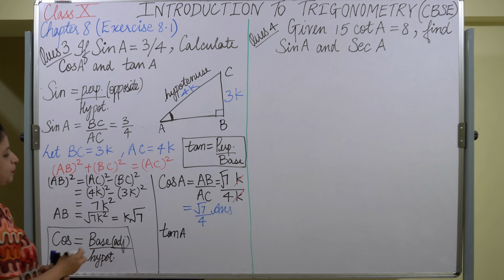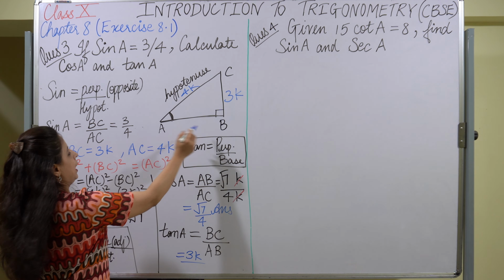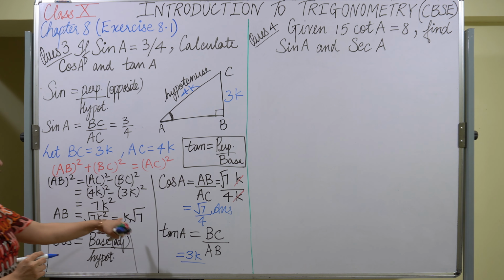Angle A is considered over here, so the perpendicular for angle A will be BC and the base will be AB. So putting the values of BC and AB: BC is equal to 3K, and AB we have found out is equal to under root 7 K.